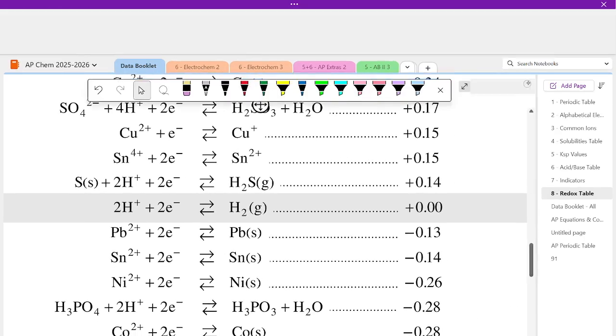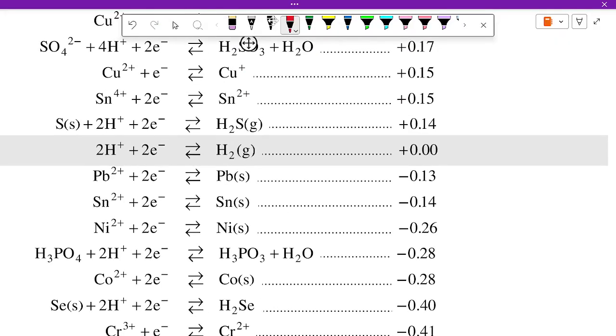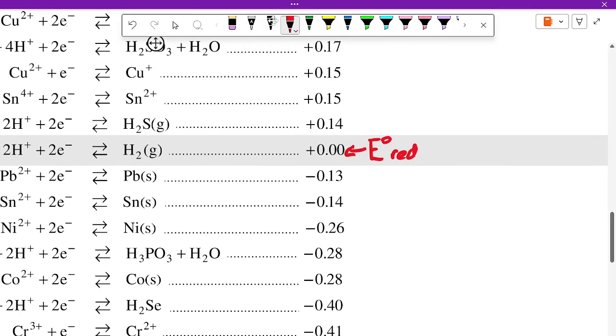And if you'll notice, what is the reduction potential? Is 0. And what is the oxidation potential of the H2? 0. Is there any particular reason why we chose that particular electrode to be 0?